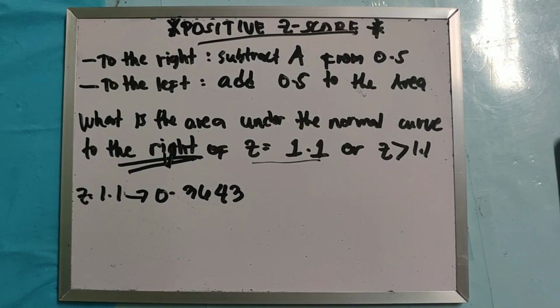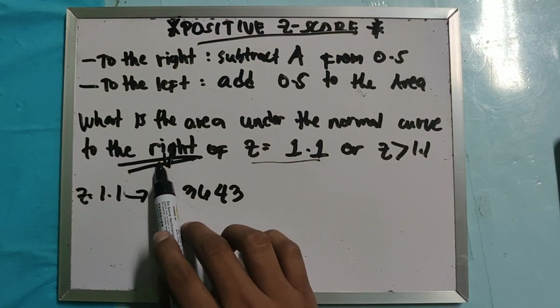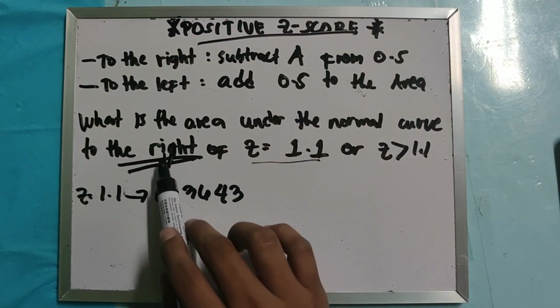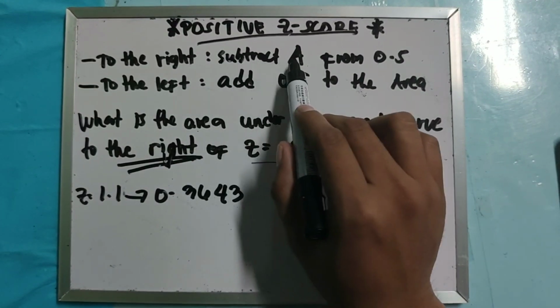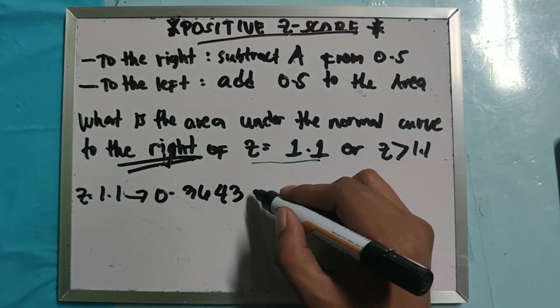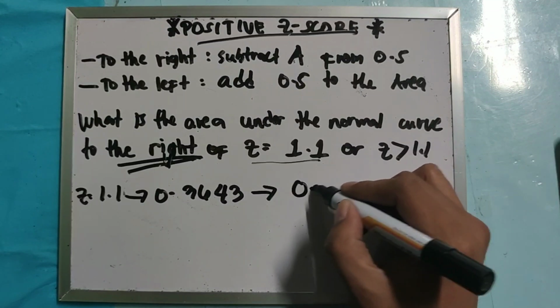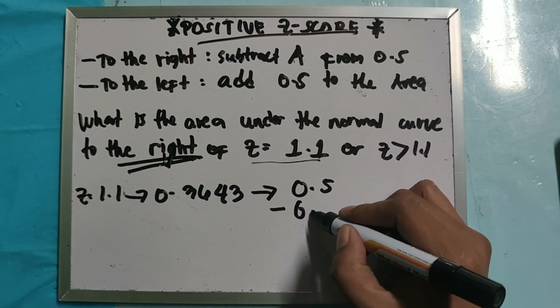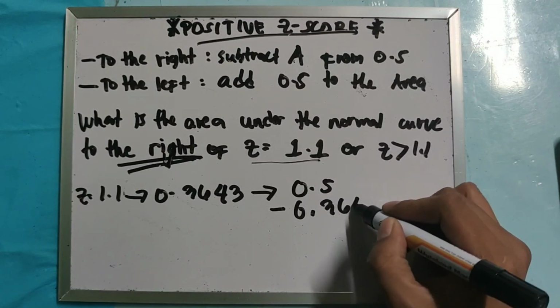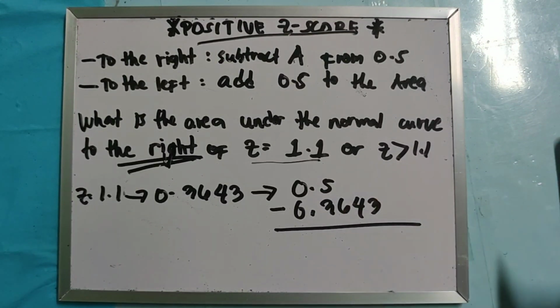Now, anong gagawin natin? We are looking for to the right of a positive z-score. So, to the right, subtract the area from 0.5. So, we are going to subtract the area from 0.5, 0.3643.